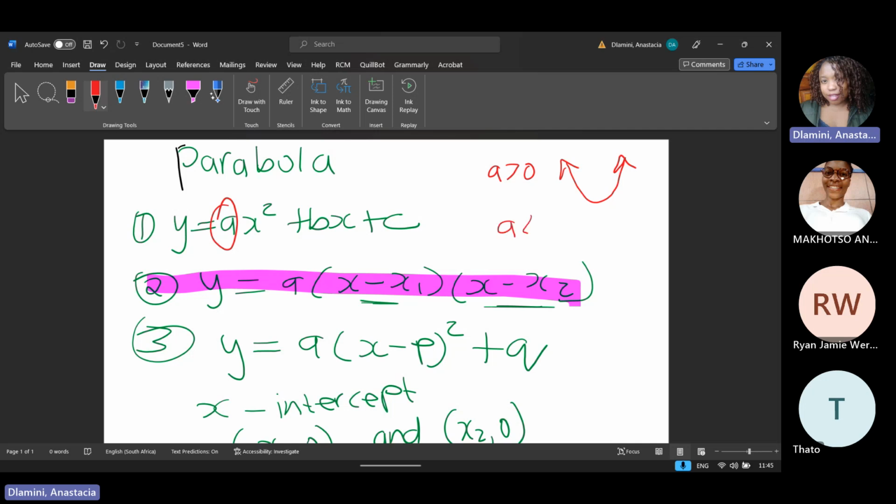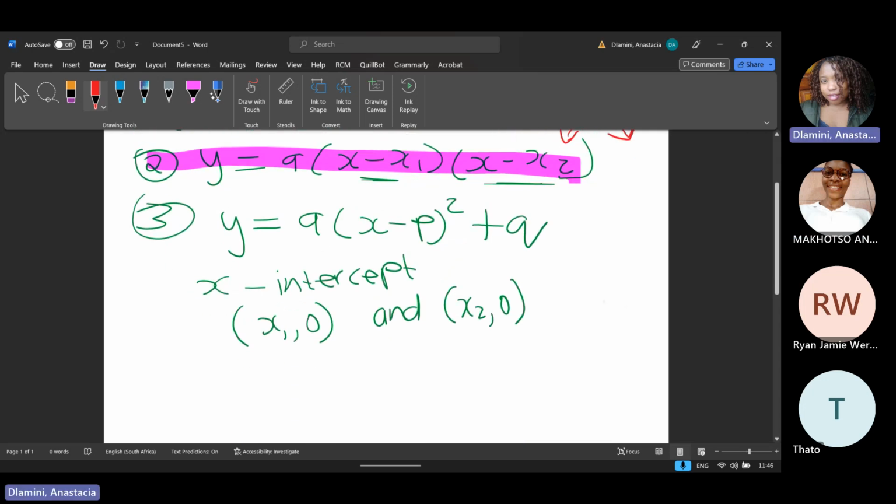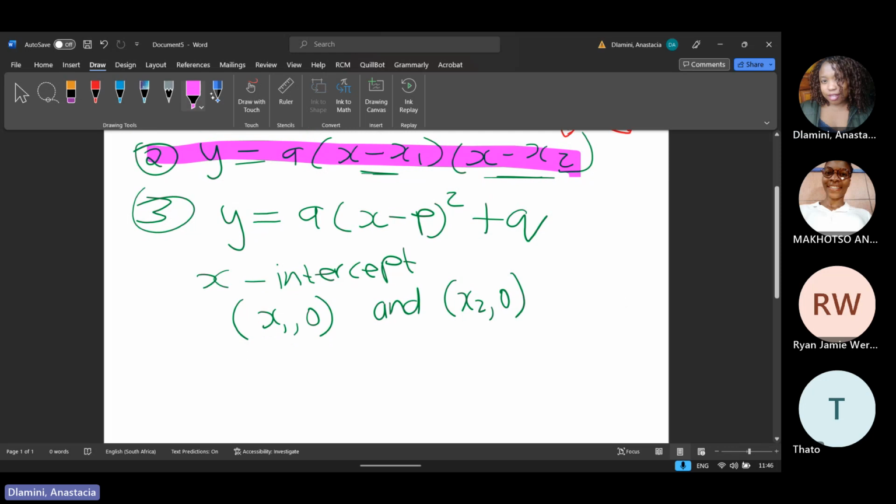Now, if A is less than 0, meaning that the value of A is negative, your graph will look like this. Are we all together? Yes, ma'am. Thank you.